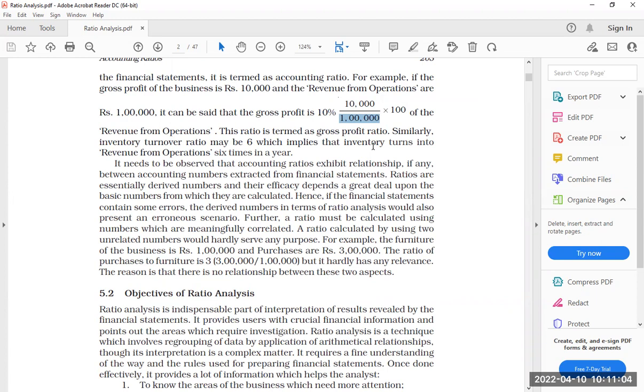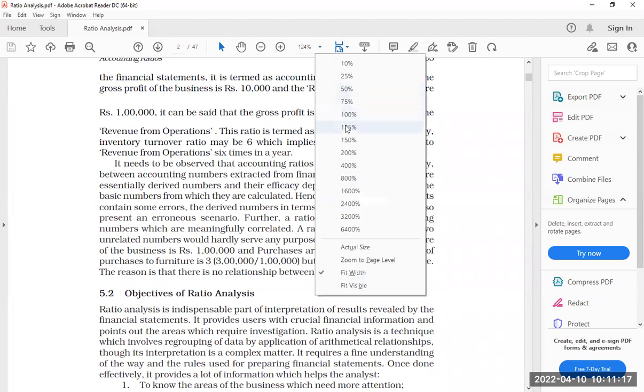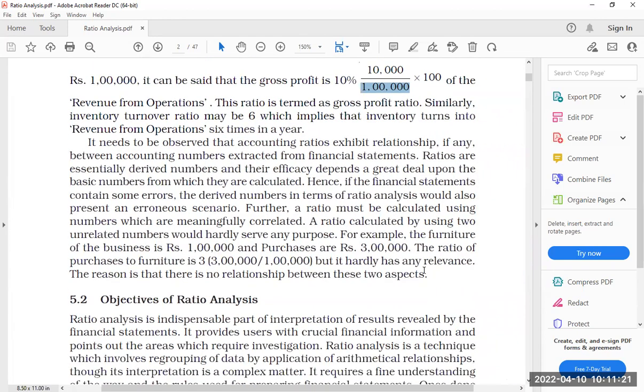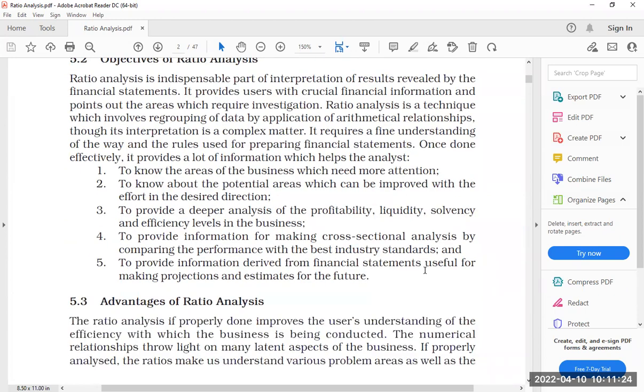Okay, so net profit upon sales multiplied by 100 is equal to net profit ratio. In this example, 10 thousand divided by 1 lakh into 100, that is equal to 10%. So this is how we are calculating the ratios. Okay, this is already discussed.